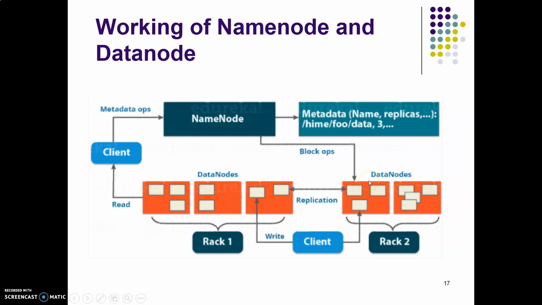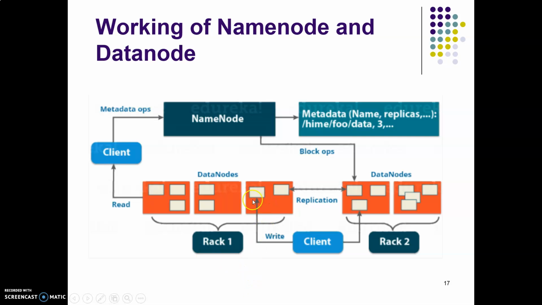If there is any replication to be done, then the data node makes use of the replications across racks; this is rack 2 and this is rack 1. Let us assume that this data is not present properly. Then it goes to the replicated data, and through rack 1 the data is read and fed to the client.